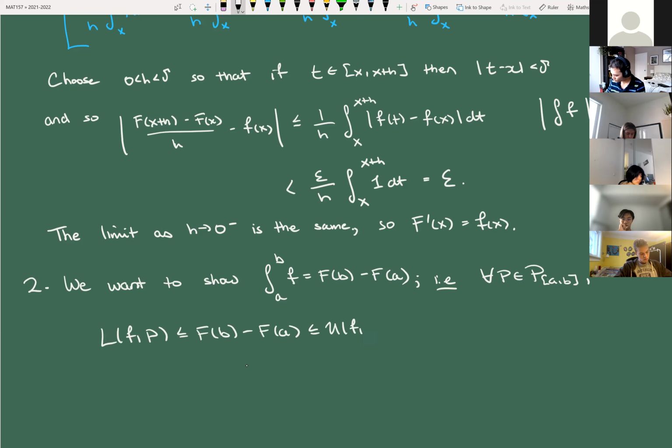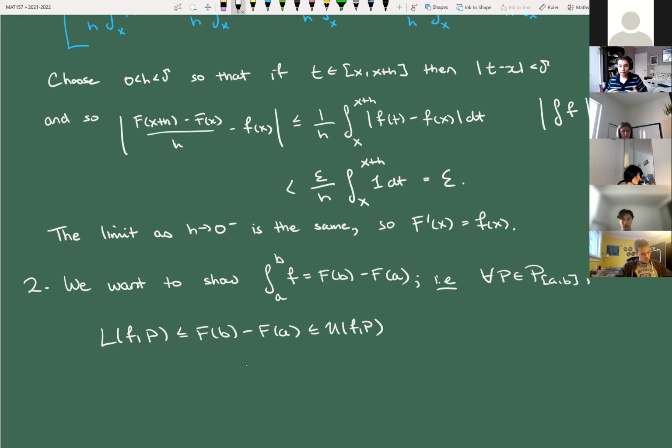We've already assumed that f is integrable, so we know there is a unique number between the upper and lower sum for any partition. What we want to show is that number is F of b minus F of a. And if we can do that, then boom, we're done. That is the value of the integral, right? So that's our goal. That's what we want to prove.